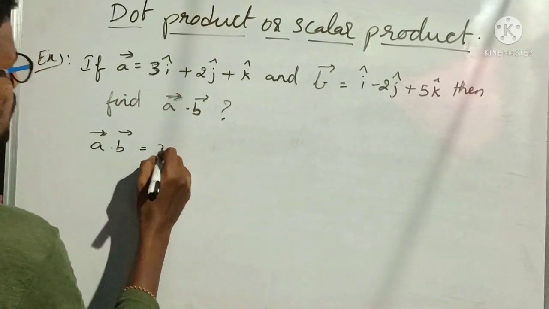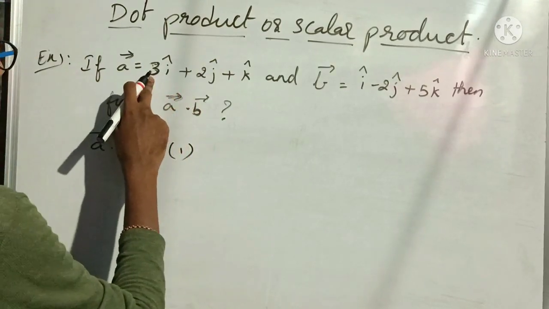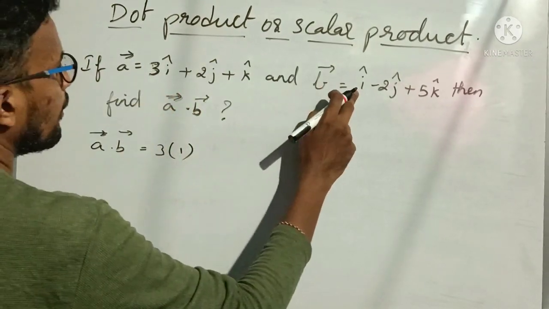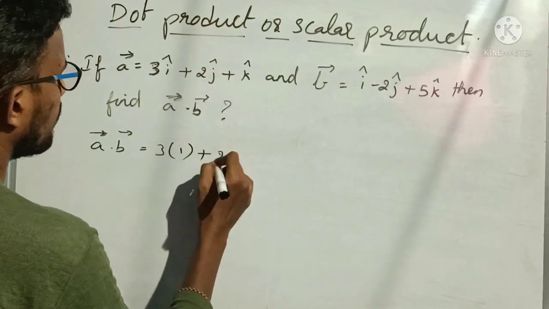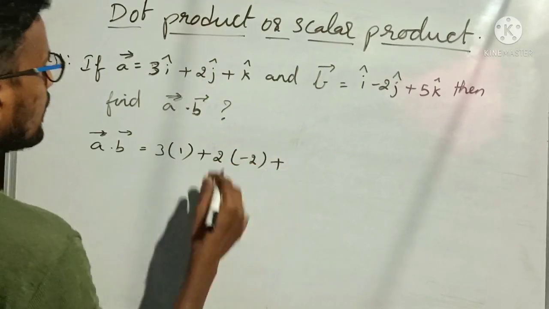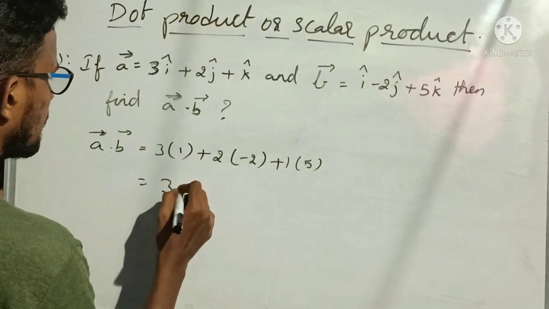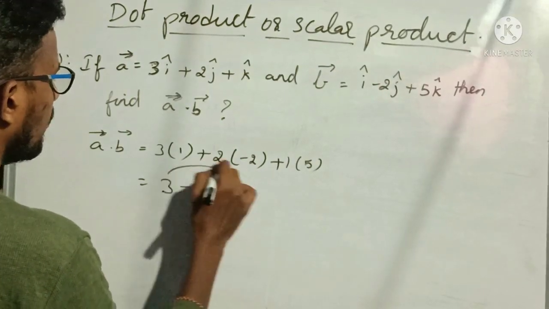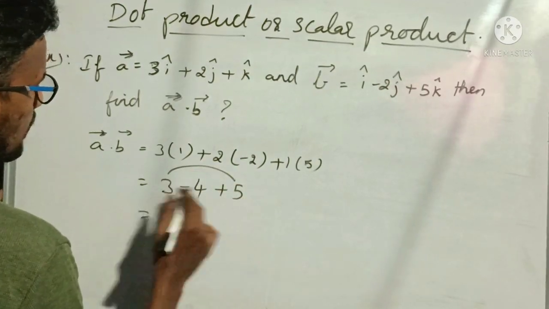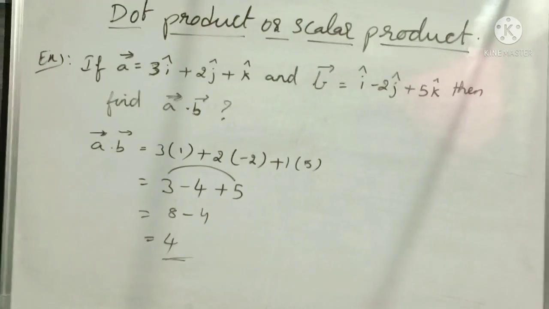So 3 into 1, since the coefficient of i cap in the first one is 3 and in the second vector is 1, plus j cap, 2 into minus 2, plus here 1, here 5. That is equal to 3 into 1 is 3, plus 2 into minus 2 is minus 4, plus 5. Add plus terms first: 3 plus 5 is 8. 8 minus 4 is equal to 4, which is the answer.